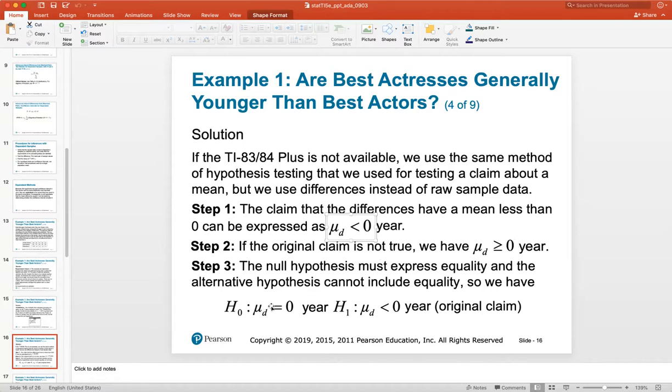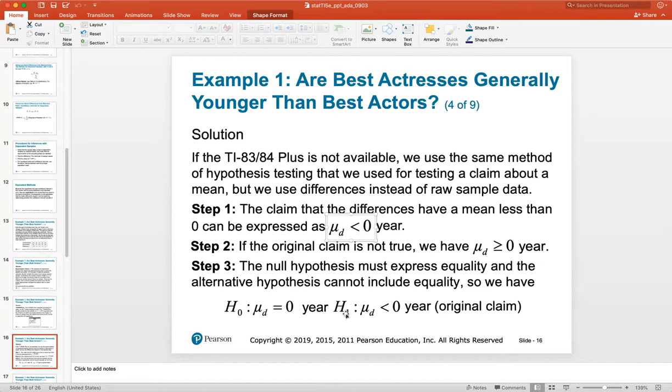The equal sign must always be included in the hypothesis, so mu of d equals 0. Since either one must represent the claim, the alternative hypothesis must represent the claim, so mu of d must be less than 0. That's the alternative hypothesis, and H1 is the original claim.